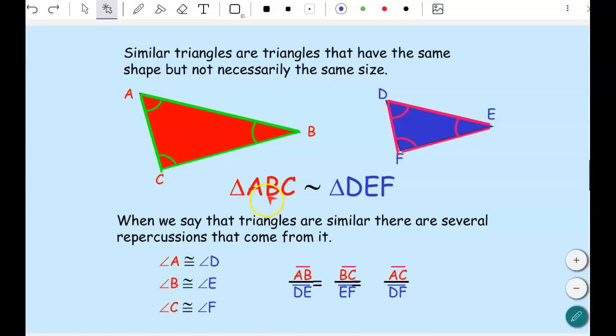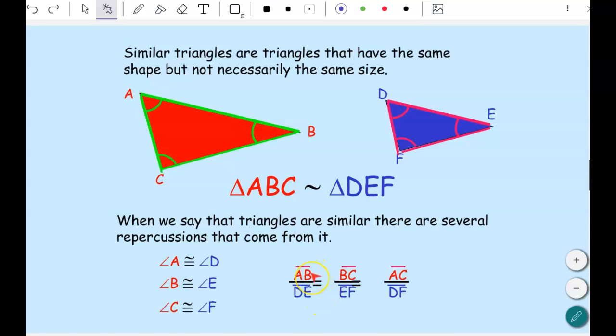Now notice the placement in the labeling here. A is congruent to D, they're both listed first. B is congruent to E in the middle, and C is congruent to F. The other thing about similar triangles is that the ratios of the sides will be proportional.